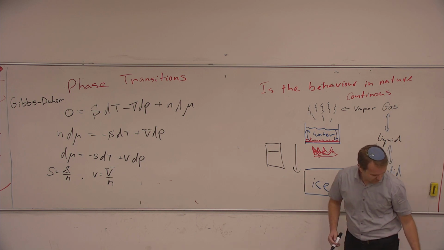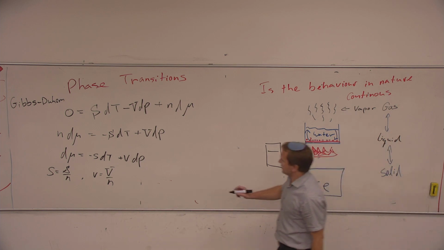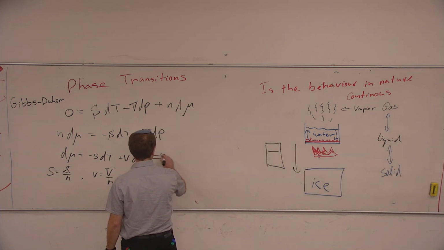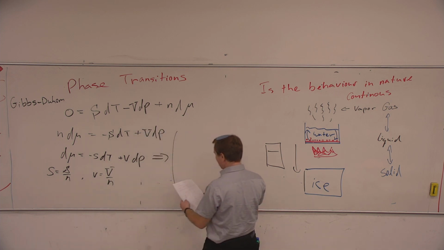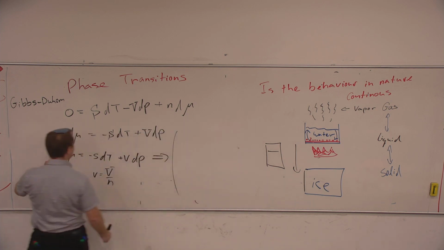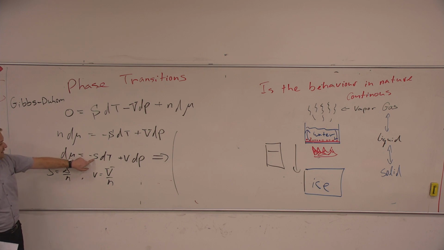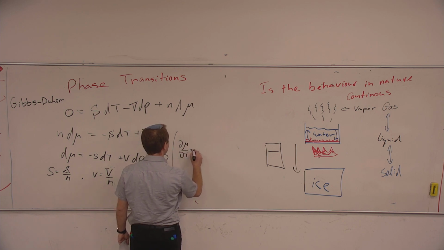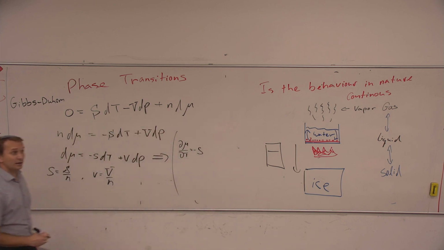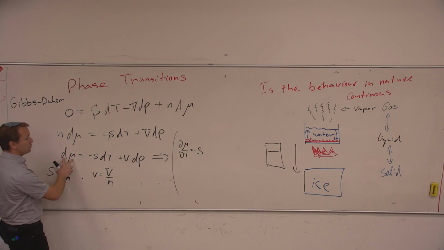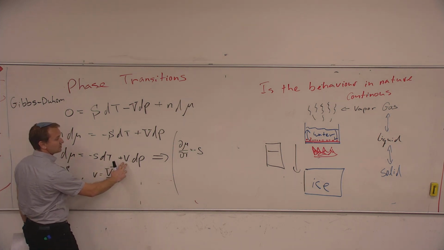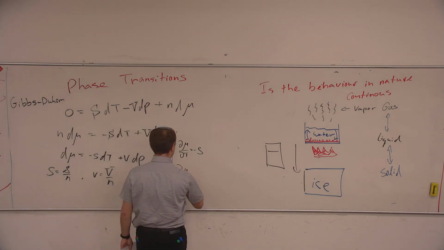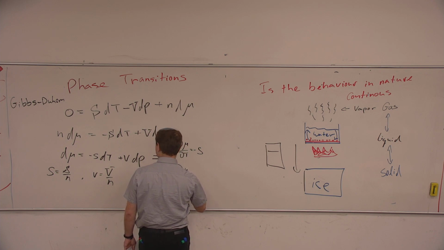From this I obtained two equations. This is a differential, so the derivative of mu with respect to T equals minus s, and the derivative of mu with respect to P equals v.